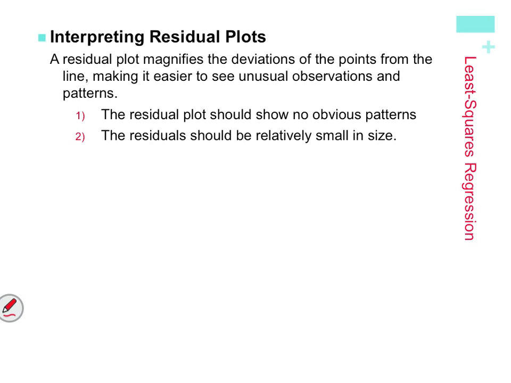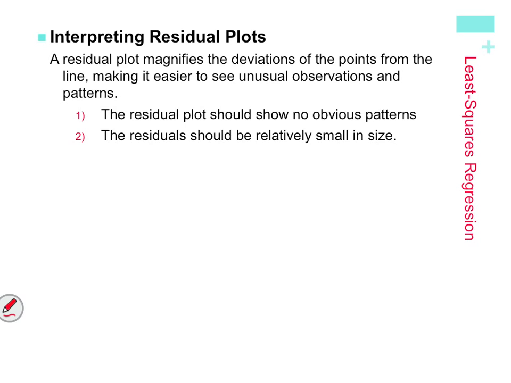The residual plot should show no obvious pattern. Like I said before, you want absolutely random scatter. That's showing you that you don't have anything left over that shouldn't be there, that your line is explaining exactly what you want it to in your data.